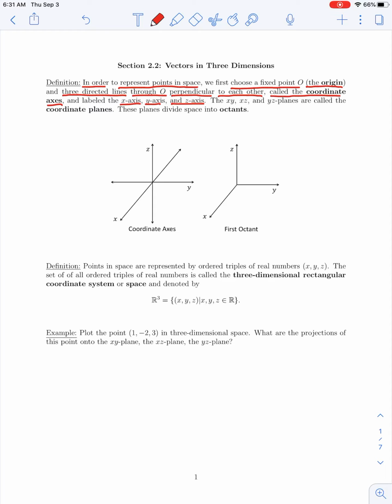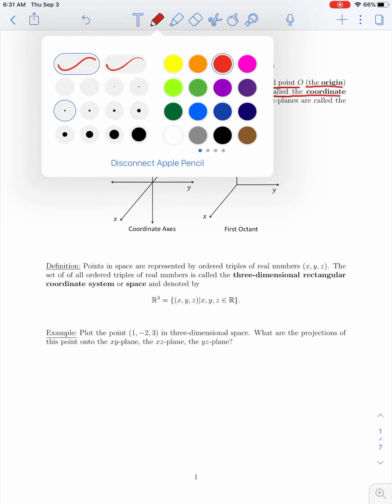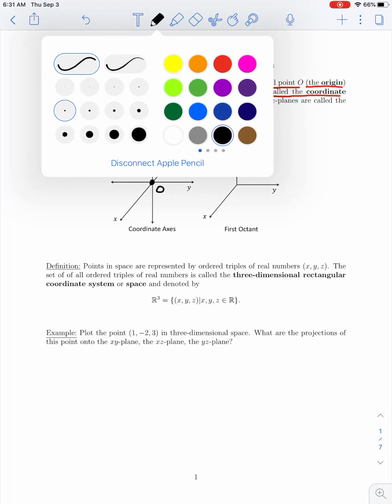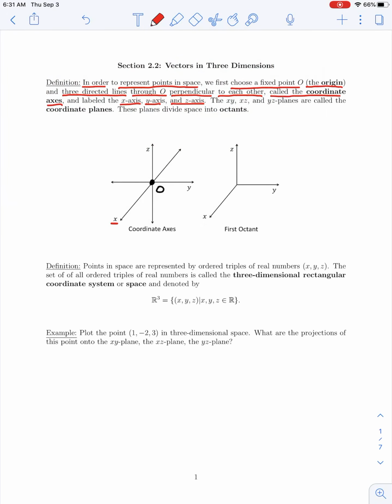So here in our left-hand figure, we have a central point, which is labeled O. It's referred to as the origin. And we have 3 lines, which are all perpendicular to one another, which are referred to as the x-axis, the y-axis, and the z-axis.